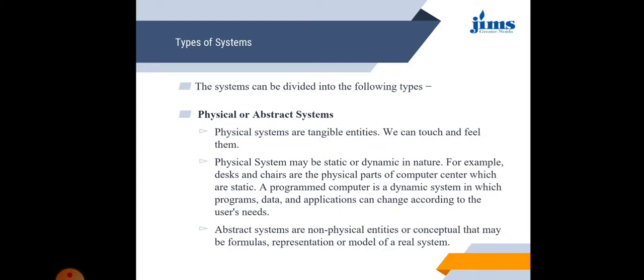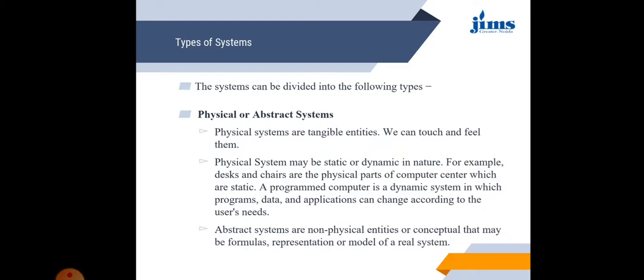Abstract systems are non-physical or conceptual entities that may be formulas, representations, or models of a real system. So there are two types: physical or abstract. The physical systems are those which we can touch and feel. For example, if I go to a cyber cafe, the furniture on which the computer systems are sitting is known as physical systems, and a computer is a dynamic system in which the programs, data, and applications can change according to the user's need.